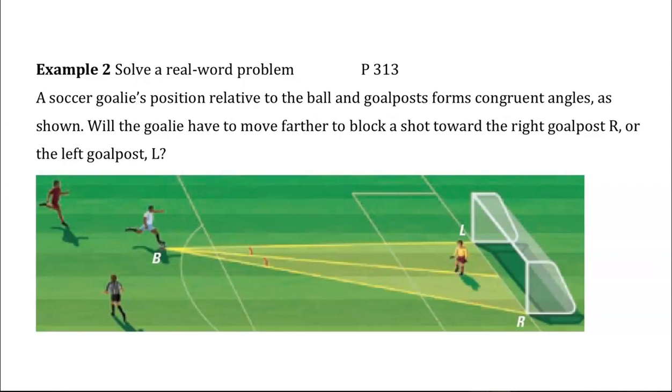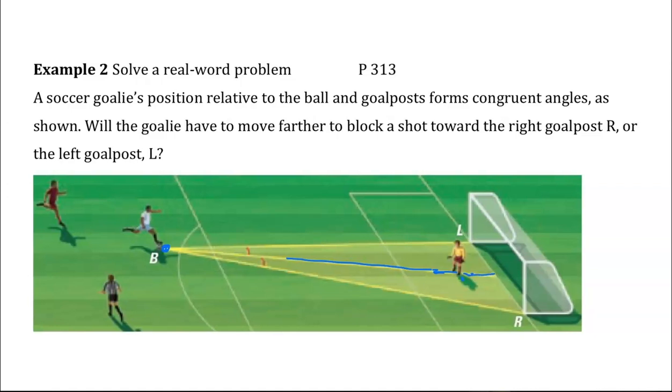Okay, if this goalie is on the angle bisector, which you can see he is, then he will be equidistant. So if he backs up, he's going to be exactly equal to either one, provided that we're drawing this as a right angle, right?